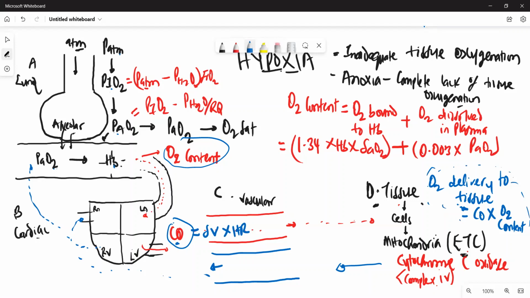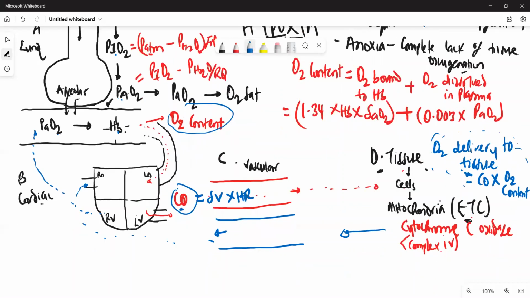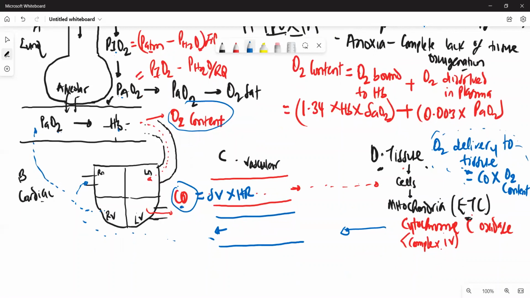So having said that, let's write out that formula so that we can apply it, right? So we can say that our oxygen delivery to the tissue is equal to cardiac output multiplied by oxygen content.